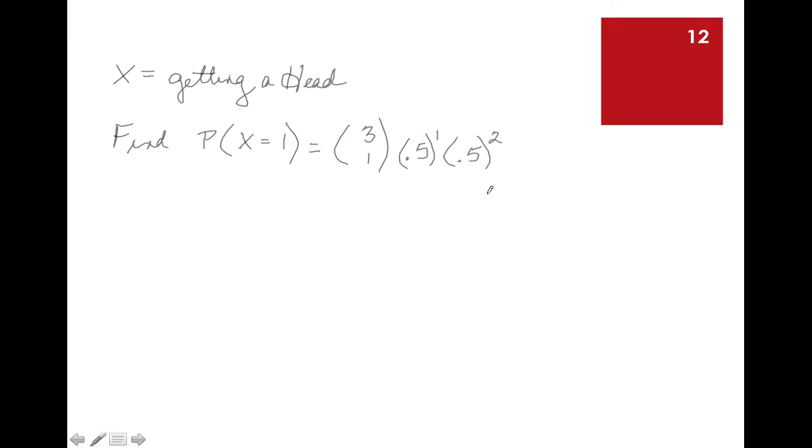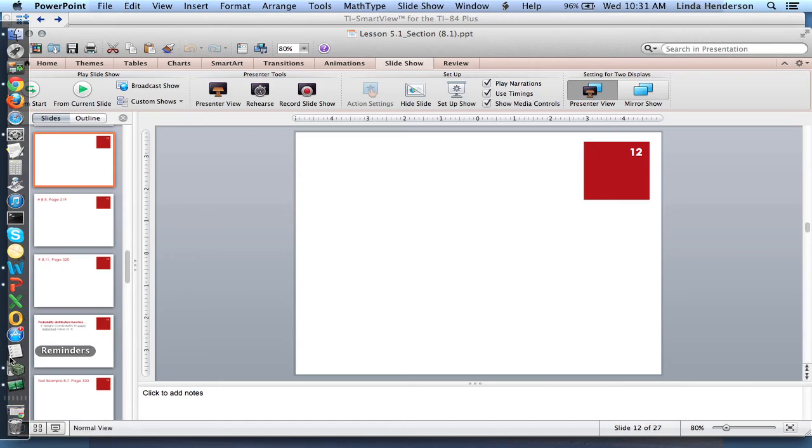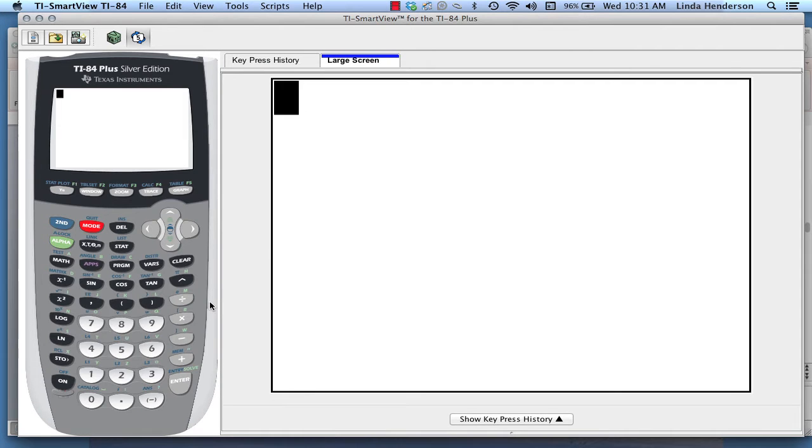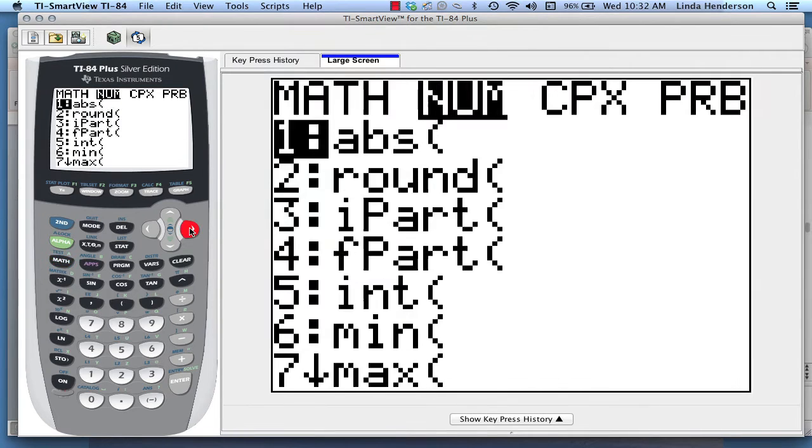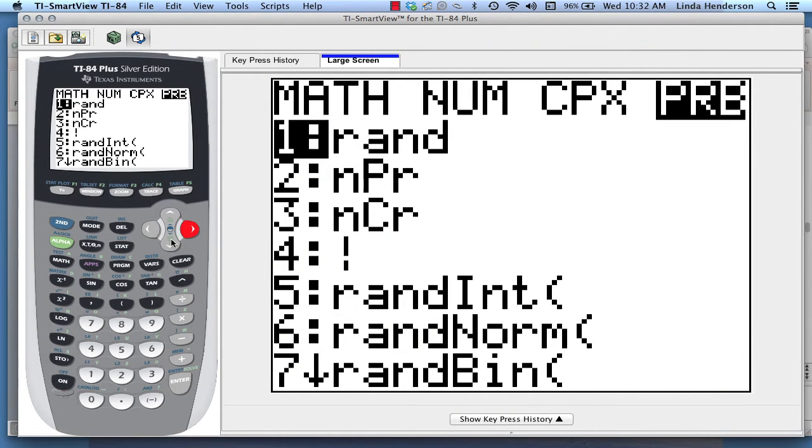All right, so we talked about how we could do that on your calculator. So let's kind of go review that. Right, so remember in parentheses, you'll do the 3 choose 1 first, so that's 3. The choose function is under math and across the top to probability, and you'll see it's the third one down there.